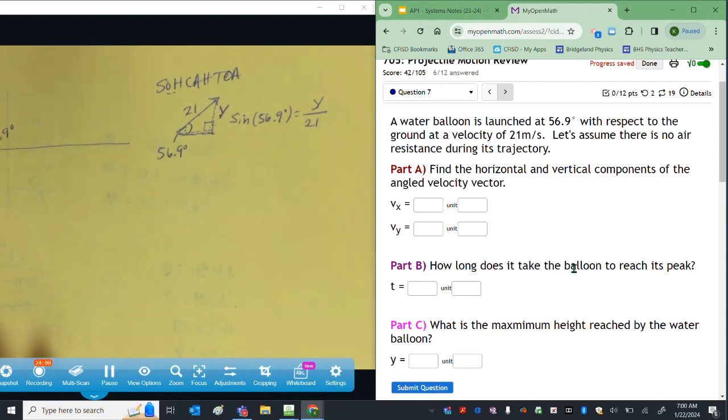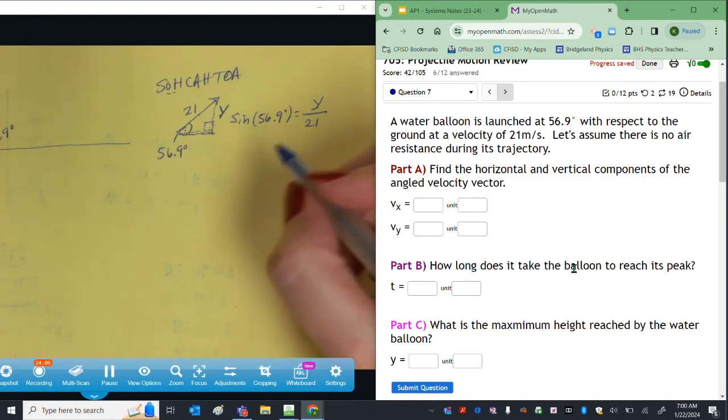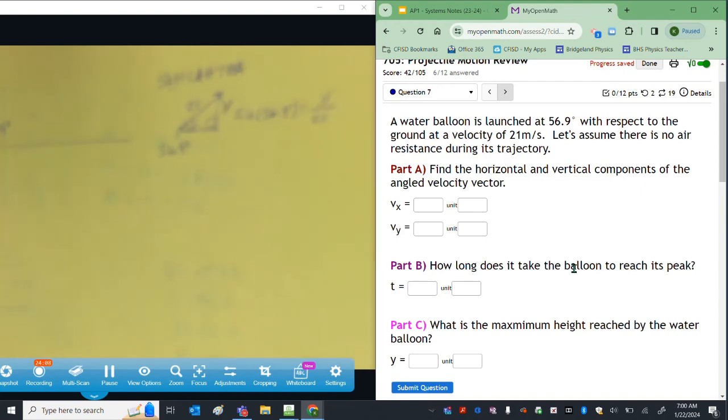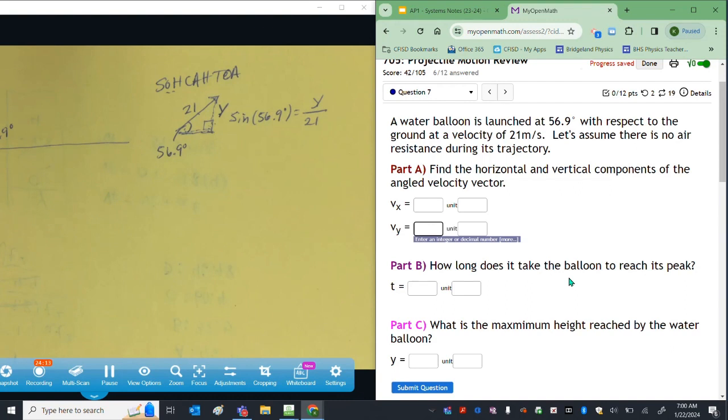If you're not, you're going to get the wrong answer. So 21 times sine 56.9 gives me a y component of 17.592. I'm going to keep at least 2 decimals on it because that's in my directions, meters per second.